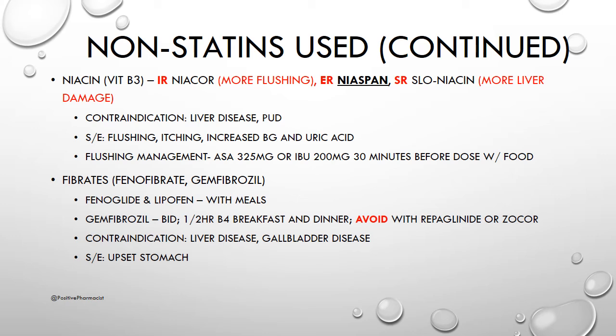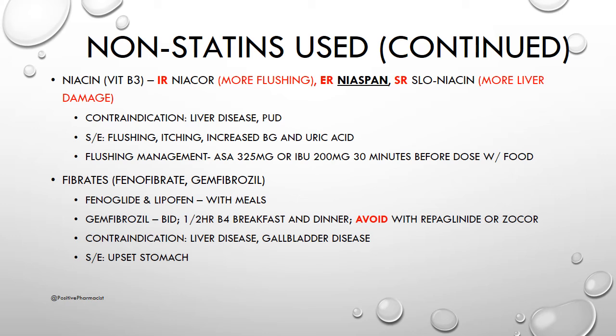Other non-statins used, we look at the niacin, also known as vitamin B3. So niacin has 3 different formulations. There's an immediate release called Niacor, an extended release called Niaspan, and the slow niacin is the sustained or controlled release form of it.